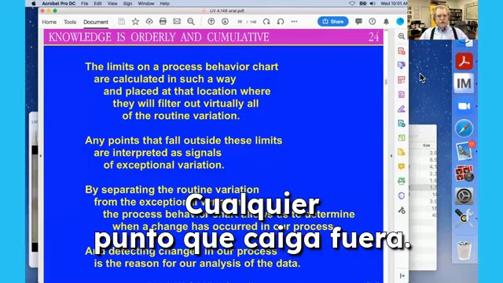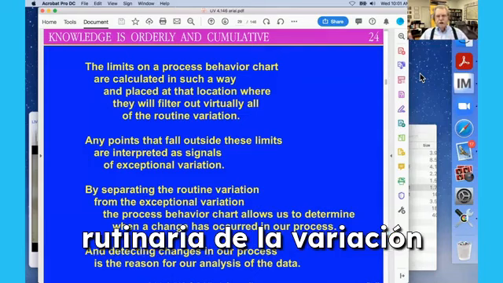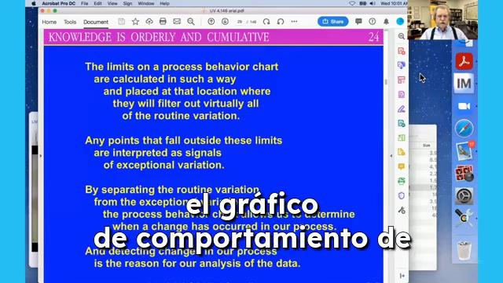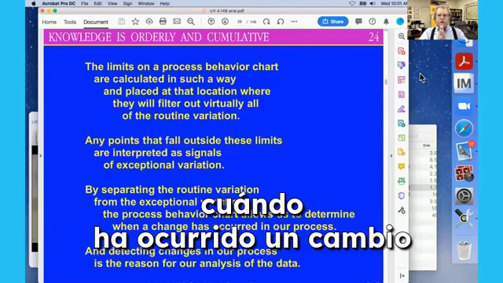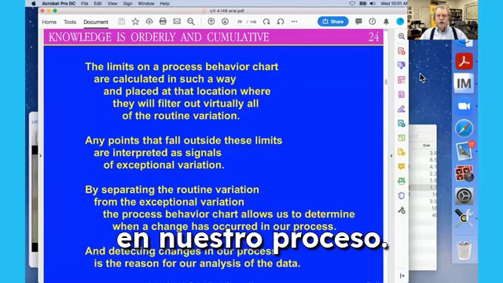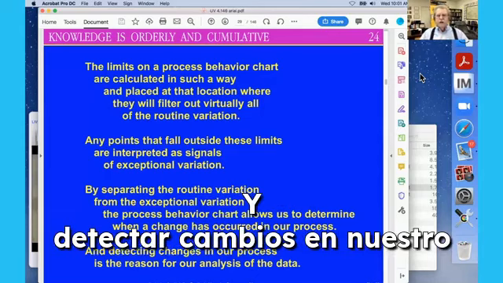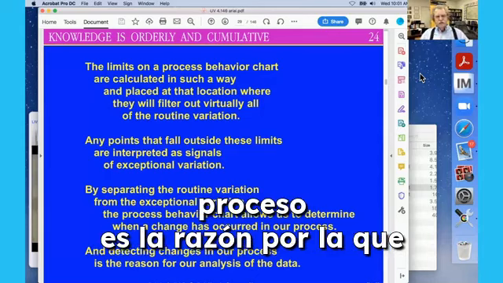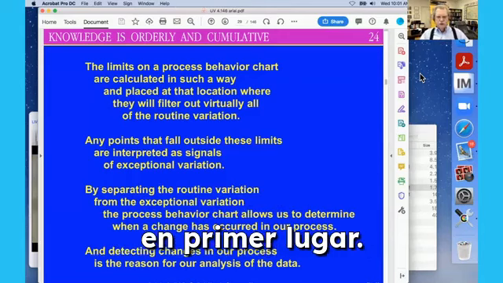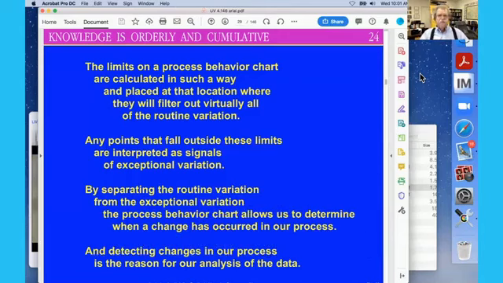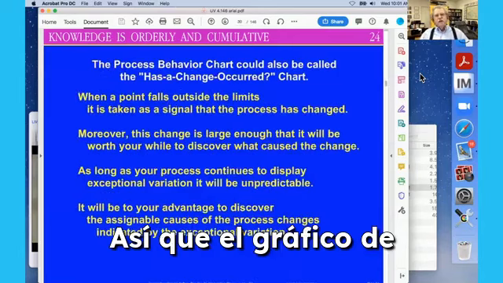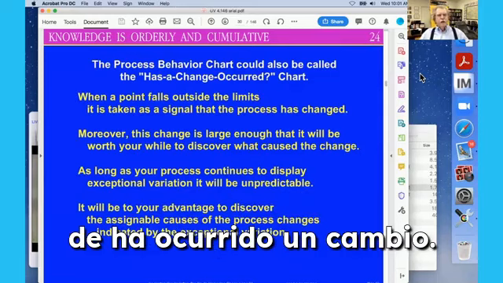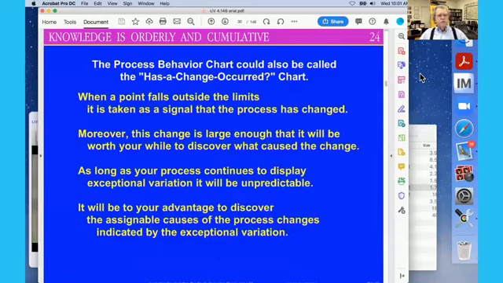By separating the routine variation from the exceptional variation, the process behavior chart allows us to determine when a change has occurred in our process. And detecting changes in our process is the reason that you analyze your data in the first place. So the process behavior chart could be called the has a change occurred chart.